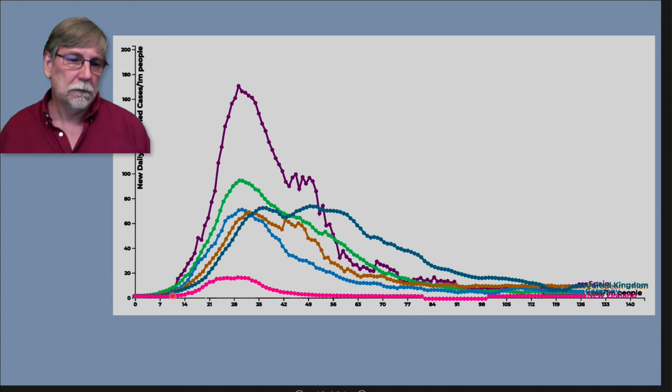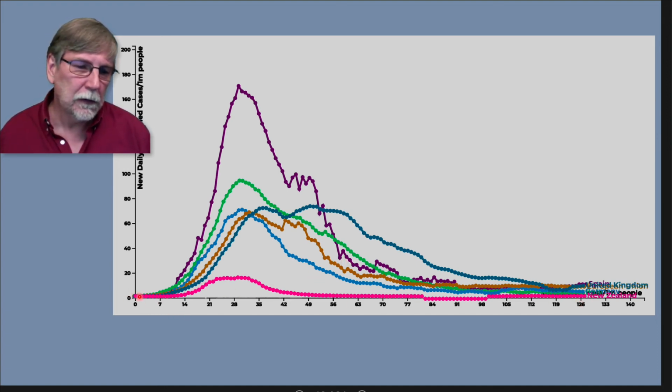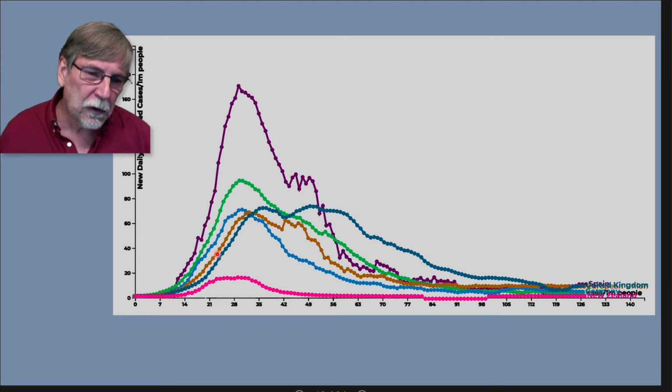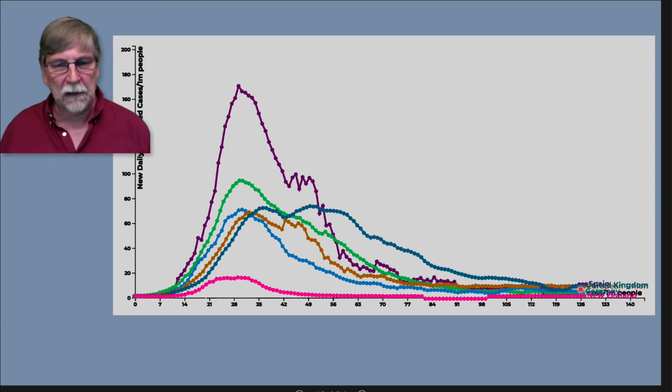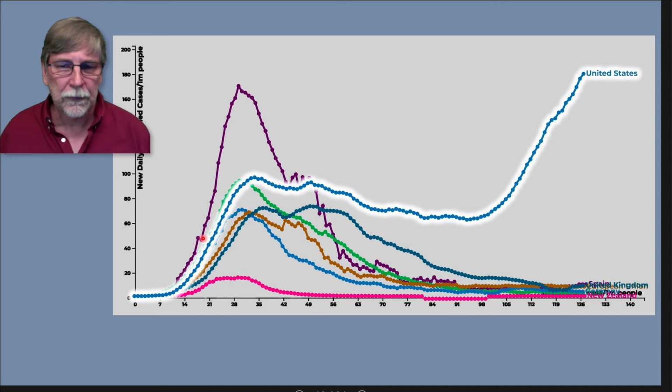Great Britain, United Kingdom, started to do reasonable things, decided, oh, no, we can't do that, it's not going to work, and eased up, and things got bad until they finally realized, oh, science maybe matters after all, and they have done more to get things under control. And there's the United States.